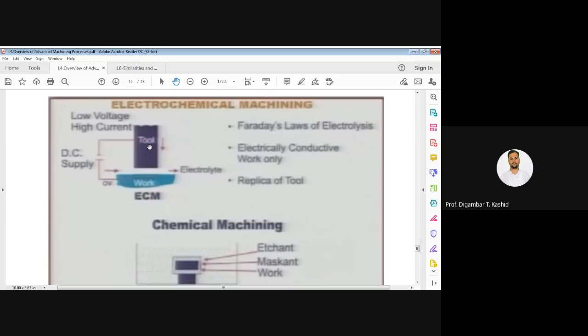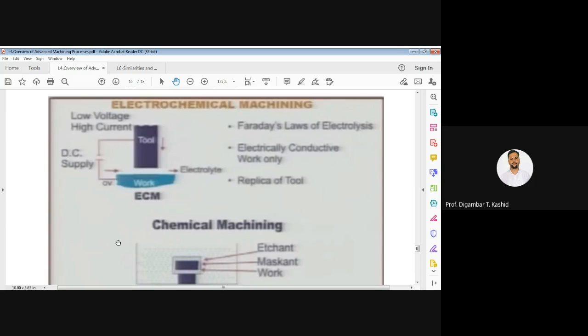The most important thing is that both the tool as well as the workpiece are electrode materials, and they are electrically conductive materials. Please remember this point. Both are electrodes, that means they have the electrically conductive property.